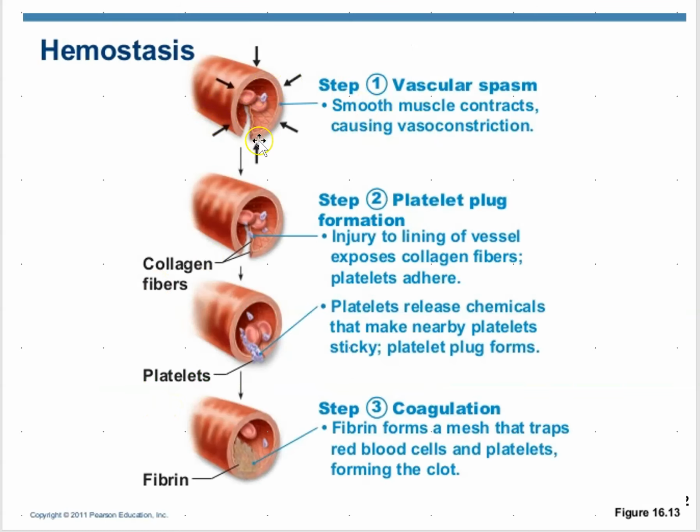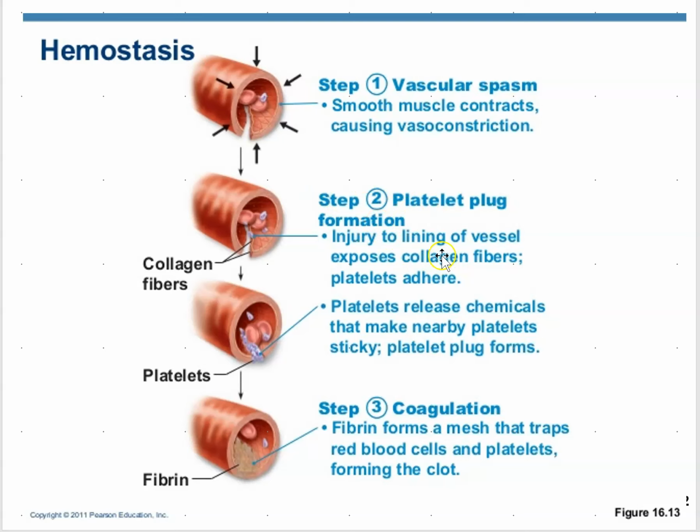The first step is when there's a break. It causes vascular spasm, or contraction of the smooth muscles, which prevents excessive flow of blood, and it brings the vessels closer so it can tighten the gap of the breakage.